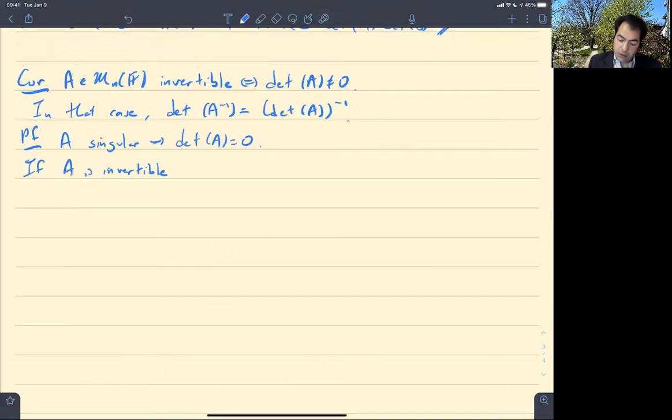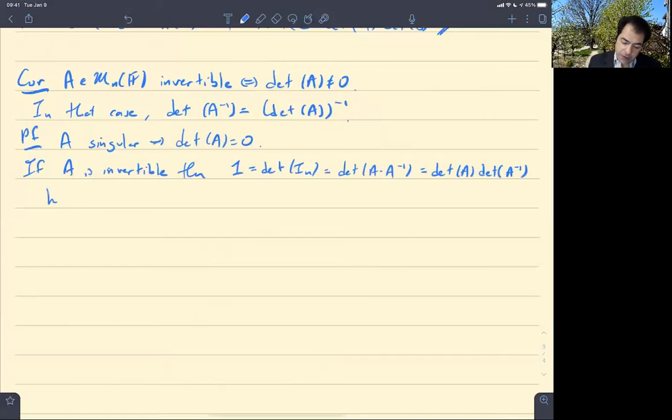If A is invertible, then 1 is equal to the determinant of the identity matrix, but the identity matrix I can write as A times A inverse. And then because the determinant of a product is the product of the determinants, that is equal to the determinant of A times the determinant of A inverse.